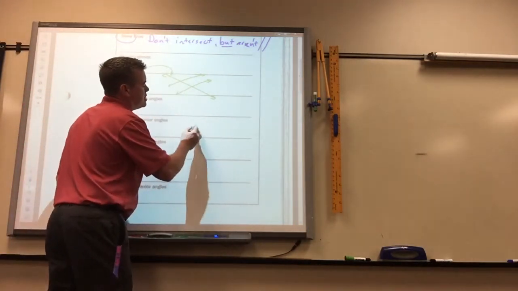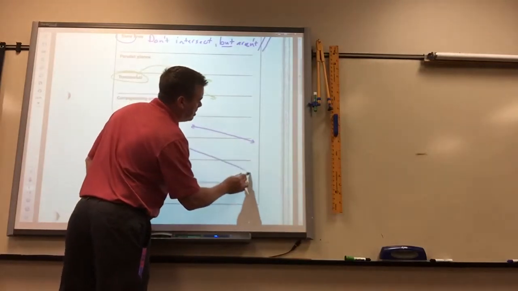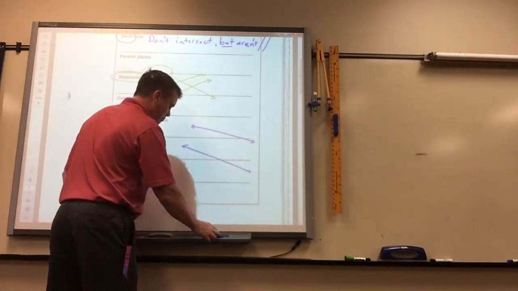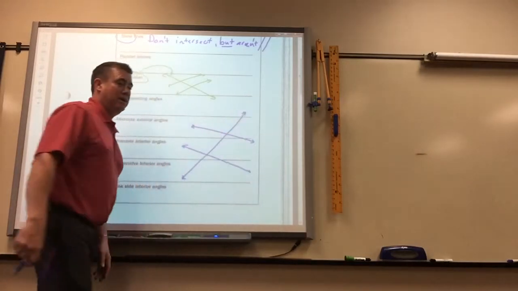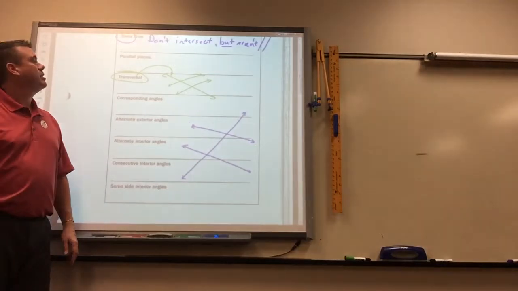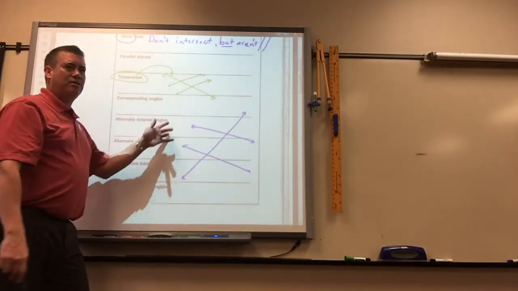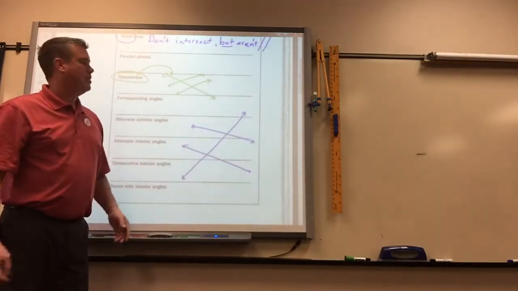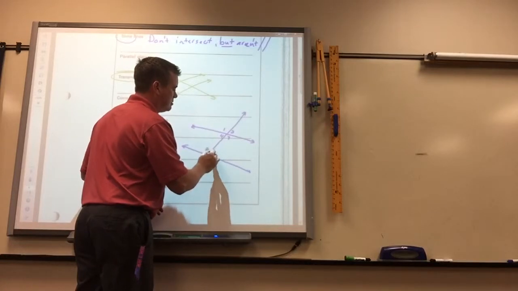In this first section, the lines aren't going to be parallel, but for the rest of the book, we deal with parallel lines. So, we've got a transversal cutting through 2 lines, forms 8 angles.